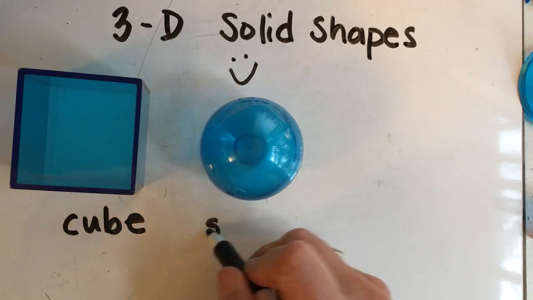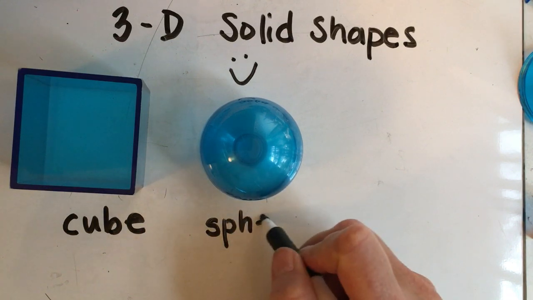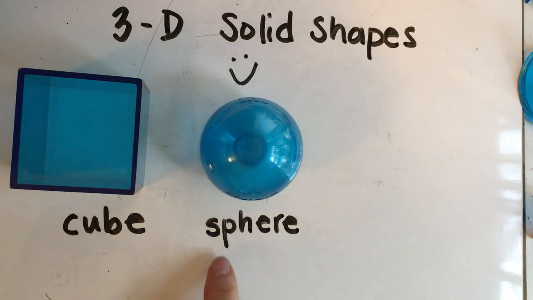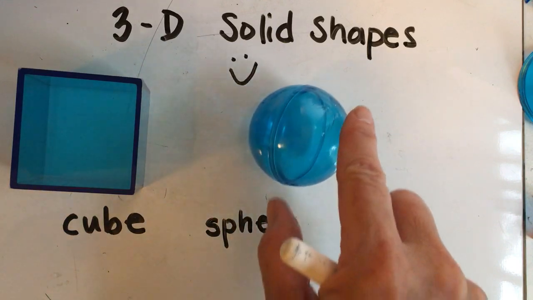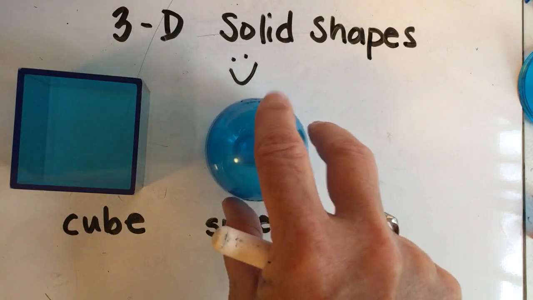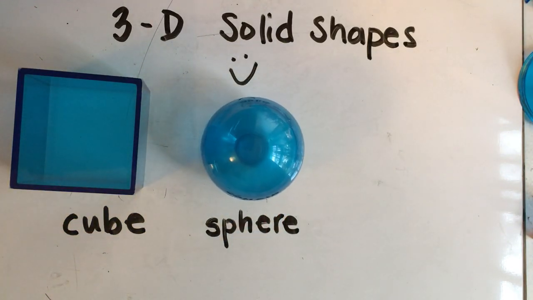Now I'm going to write this, and I'm going to tell you about how we say it. This SPH is like saying an S and an F together. So it's sphere, sphere. You can see the word here in the rest of this word, right? So it's sphere. So a round ball is called a sphere.